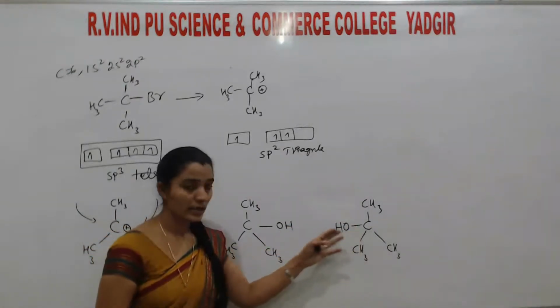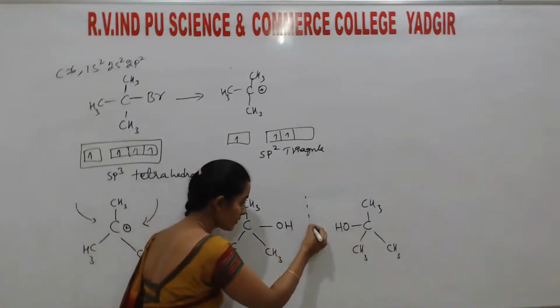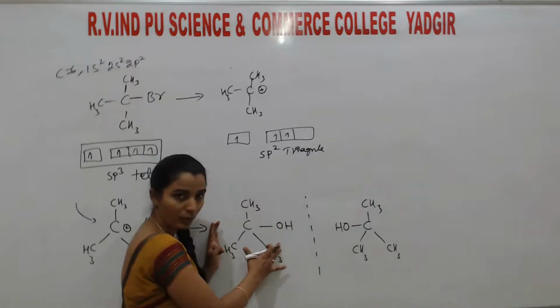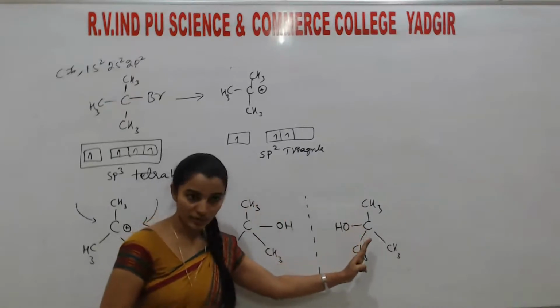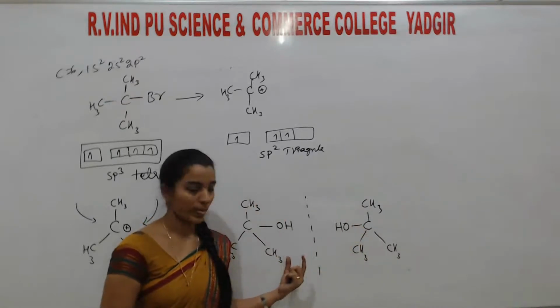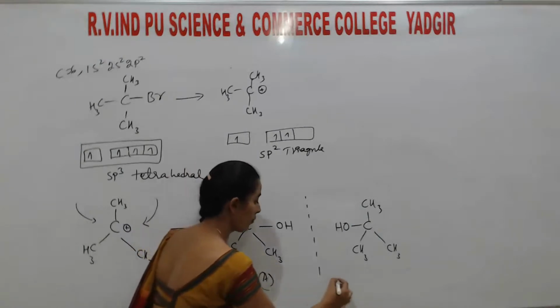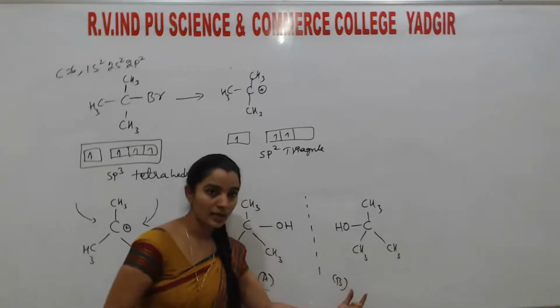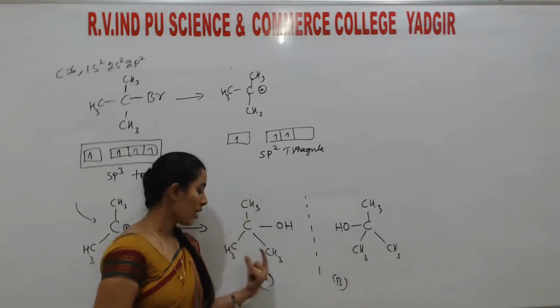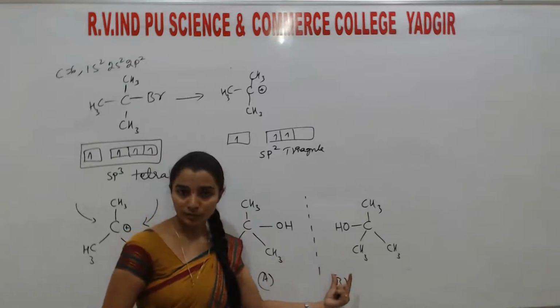These two are exactly like what? When we place a mirror in front of this compound, it is exactly the mirror image. Compound B is the mirror image of A, and compound A is the mirror image of B.